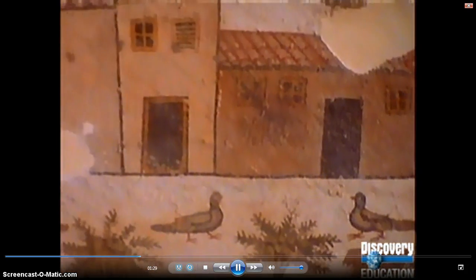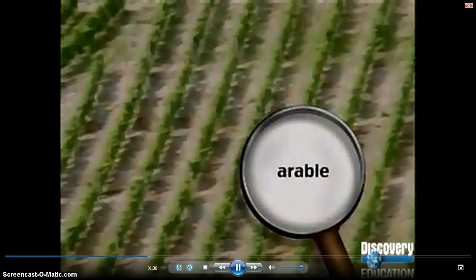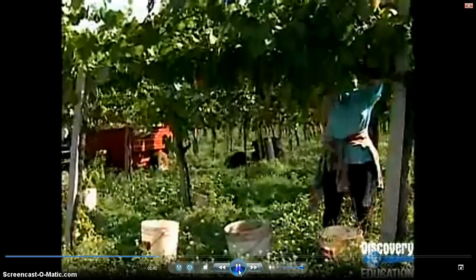Humans have populated Europe for tens of thousands of years because it has a largely favorable geography. About a third of the continent is arable, or good for farming, a much higher percentage than on most other continents.